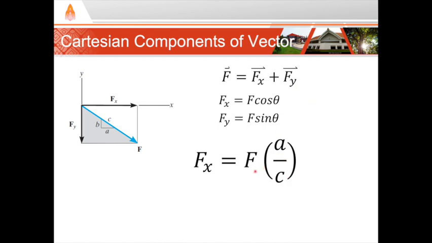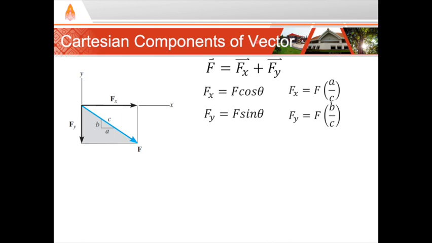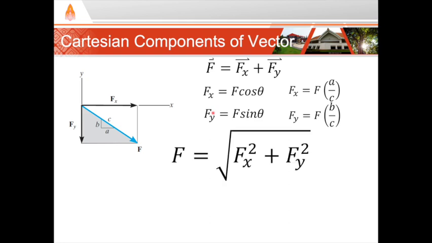So the magnitude of Fx is equal to the magnitude of F times A over C, being the ratio of the width to the length of that vector. And similarly, the magnitude of Fy is equal to the magnitude F times B over C. So these equations will be really useful to us as we try to break up the components into the x and y components in 2 dimensions.